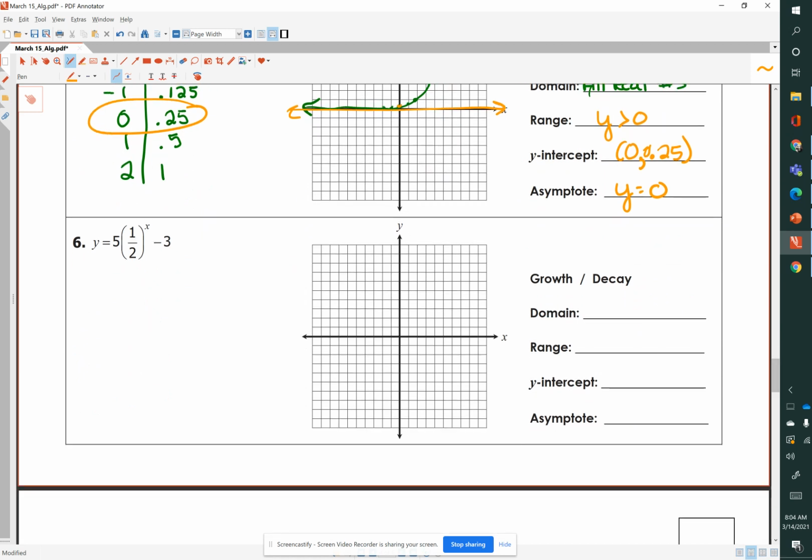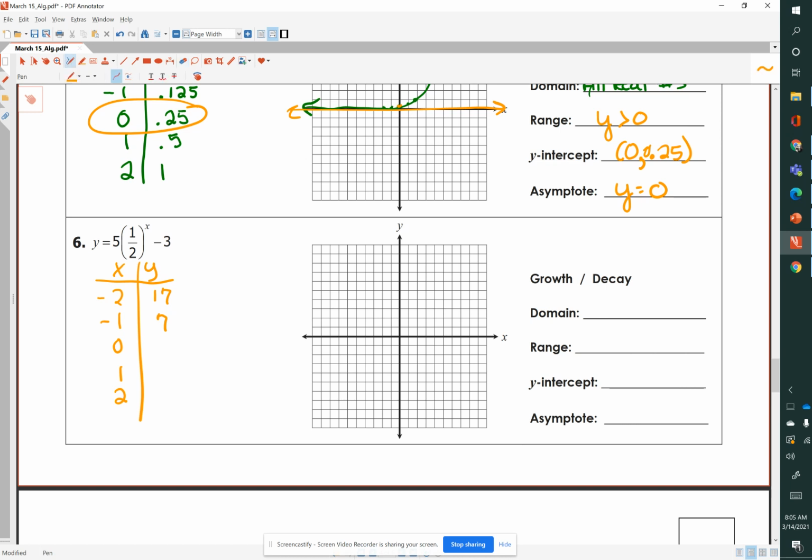Now our final one for today, y equals 5 times 1/2 raised to the x power minus 3. So we have our x and y values, -2, -1, 0, 1, 2. And when we evaluate this function for -2, the value of the function is 17. For -1, the value of the function is 7.